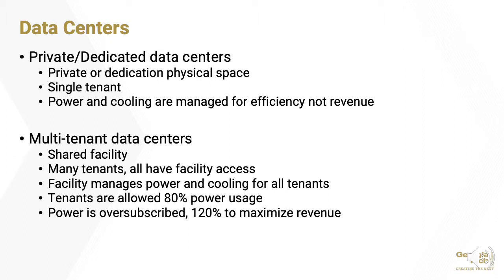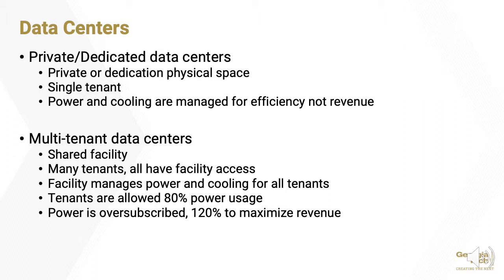Power is usually limited to about 80% of the maximum per tenant load to reduce the possibility of a power emergency. But the power within the data center as a whole is usually oversubscribed to 120%. This is to maximize revenue. This is possible because most servers in the data center are not running at full capacity, thus are not using their maximum allotted power.